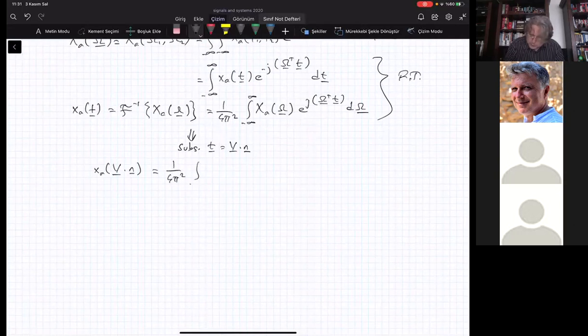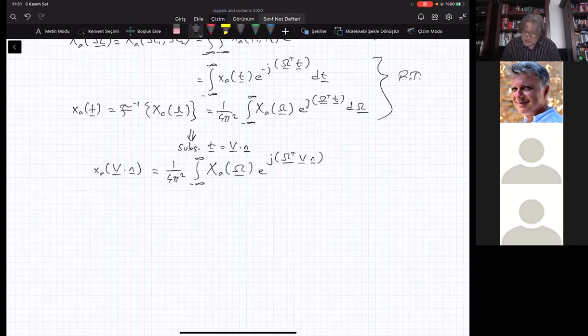Now I will substitute to the right-hand side of the equation xa of omega e to the j omega transpose times v times n, because t is equal to v times n, d omega.